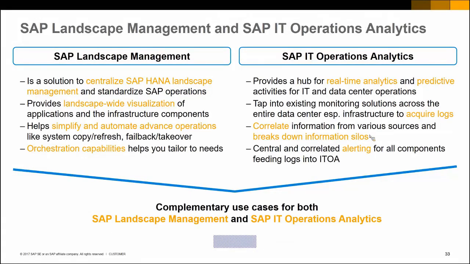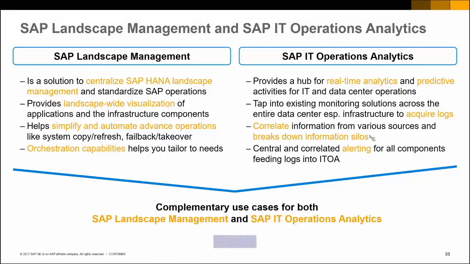And the same with Landscape Manager, especially as we talk about virtualization. SAP IT is 70% virtualized. And when we take a look at, JM's going to talk about automation in an upcoming webinar, when we take a look at the self-healing data center that our long-term vision is driving towards, you need something that actually works with that virtualization. That's where SAP Landscape Management comes in. It's centralized SAP HANA Landscape Management for standardized SAP operations.